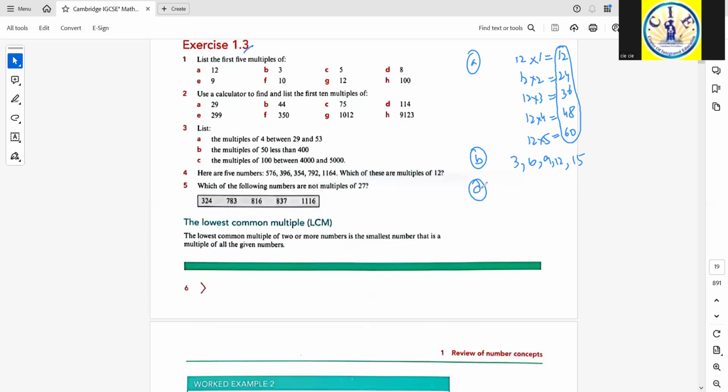Similarly, for part C, 5 ones are 5, 5 twos are 10, 15. For part D, 8 ones are 8, 8 twos are 16, 8 threes are 24, 8 fours are 32, 8 fives are 40.